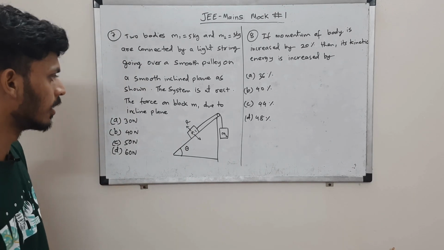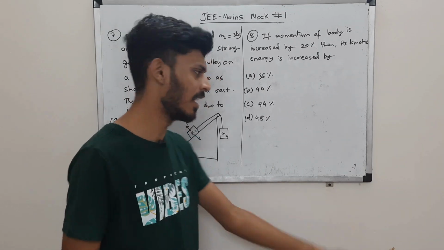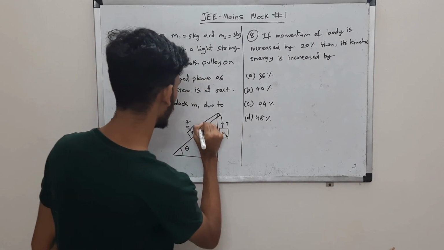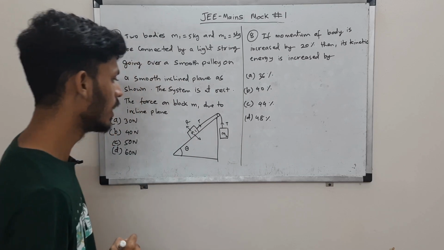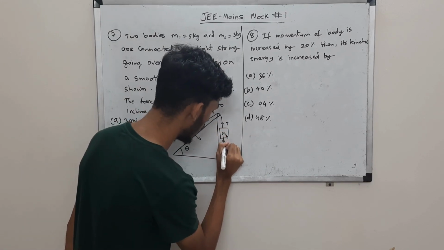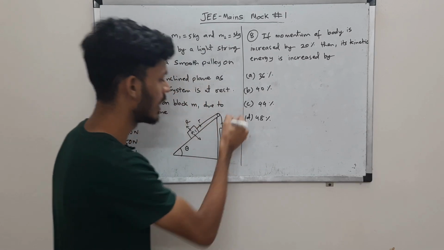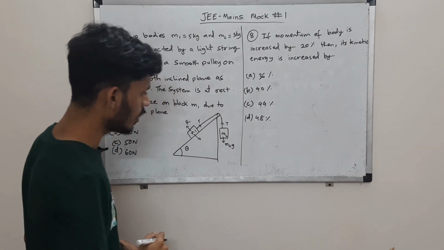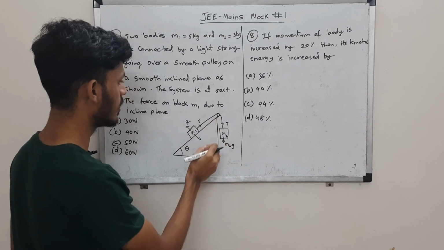Let's draw the FBD, and it will be quite clear from it. First of all, there is tension T in the string. Here also there will be tension T, right? This tension arises due to the weight of this block, m2g, so the weight is balanced by the tension.